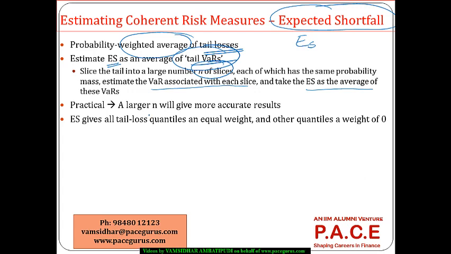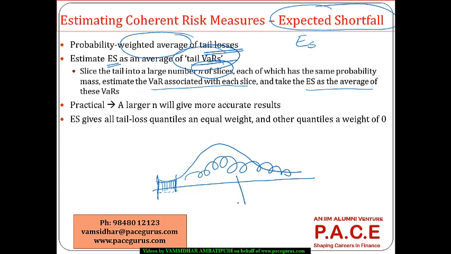Now, if I am looking at this entire thing as my loss distribution, the loss in the tail area gives an equal weightage for each quantile, and for this entire other area the weightage is going to be 0.